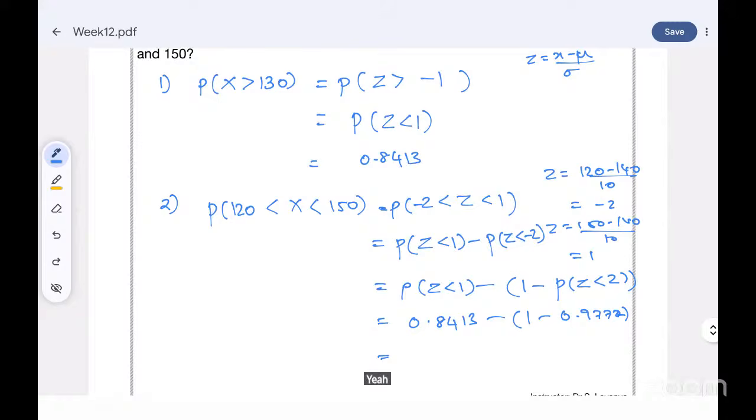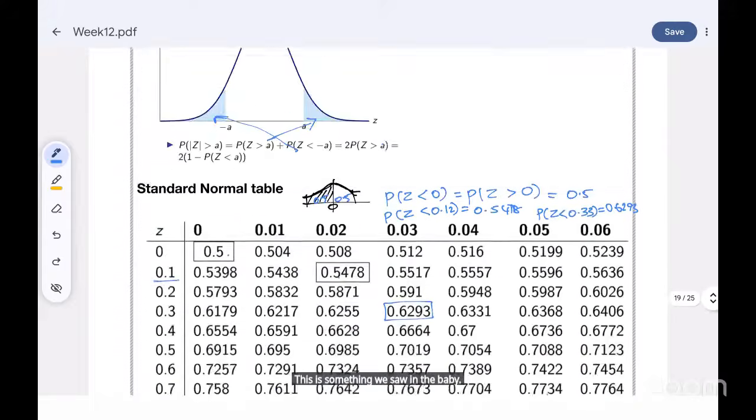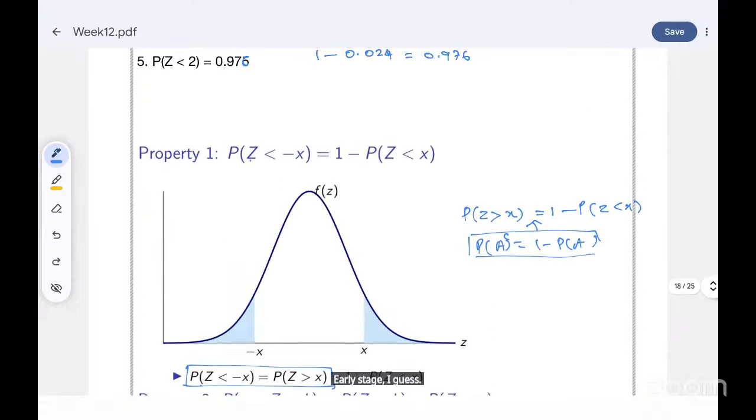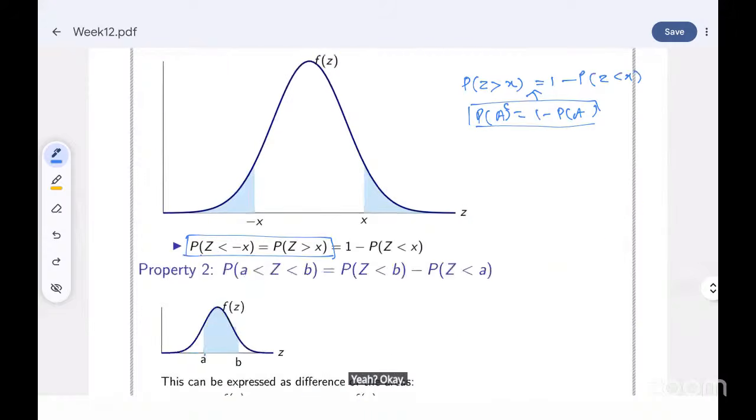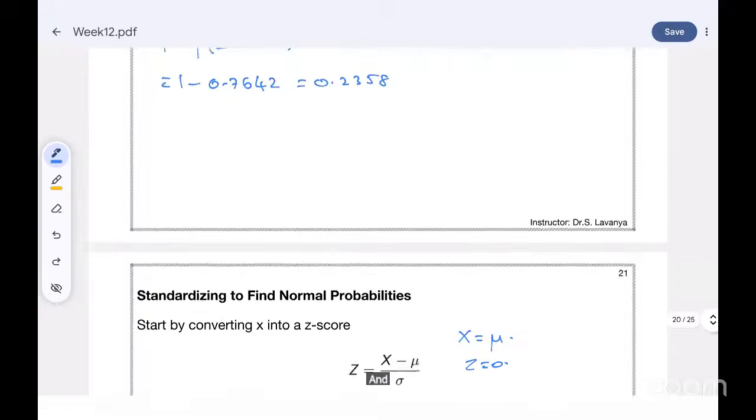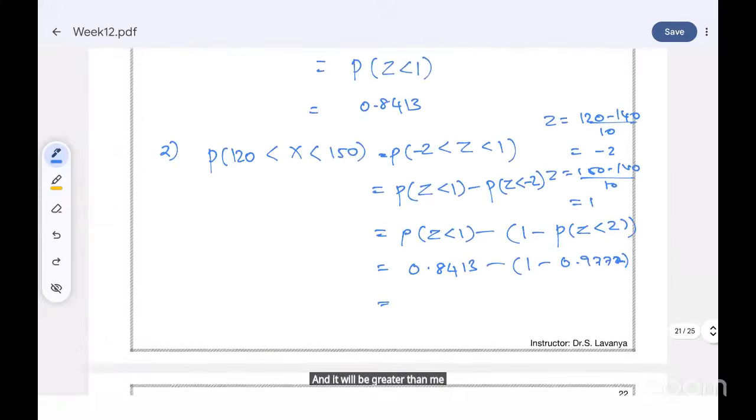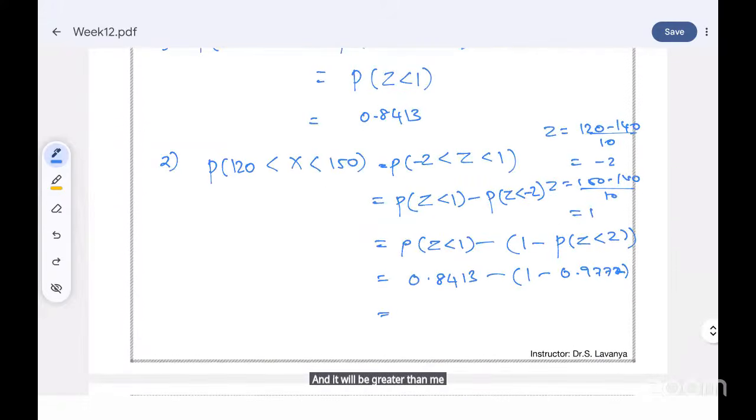This is something we saw in the very early stage. The probability of Z less than minus X is 1 minus the probability of Z less than X, right? Property 1.